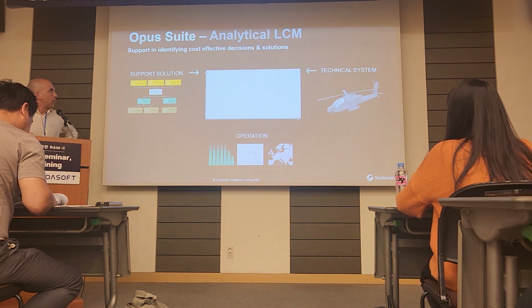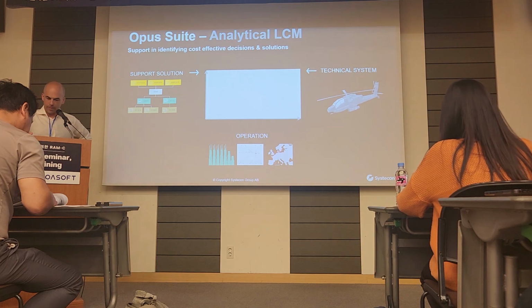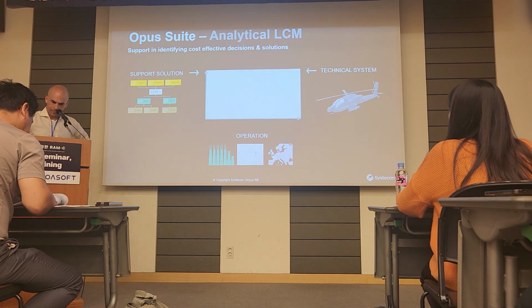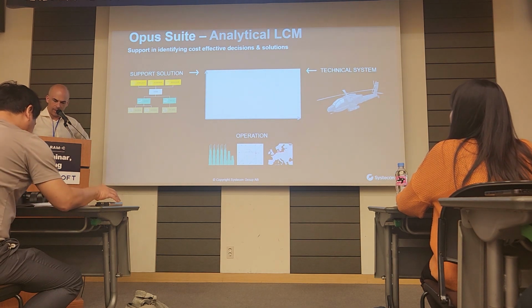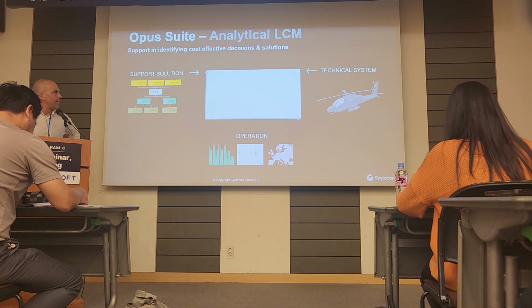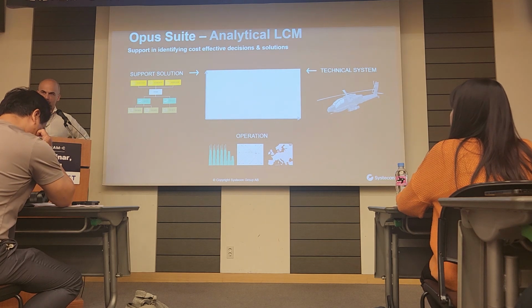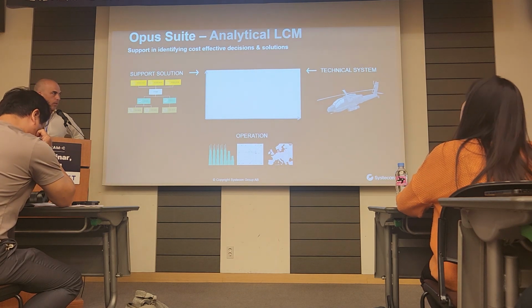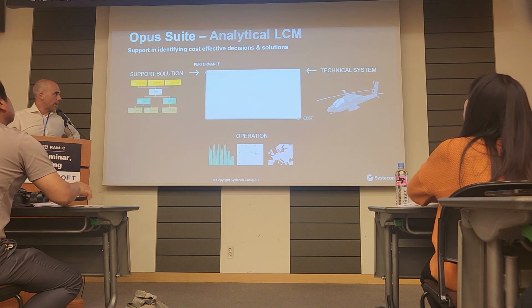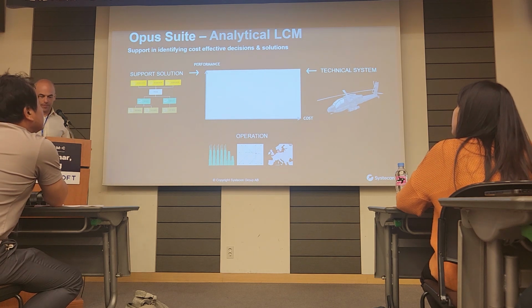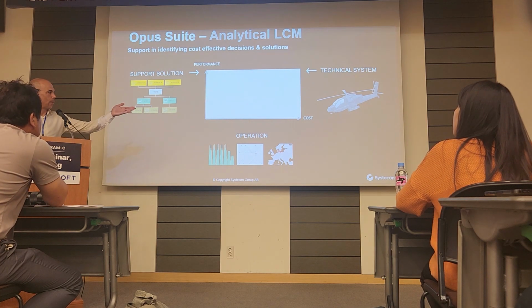So, OPUS Suite Analytical Lifecycle Management supports identifying cost-effective decisions and solutions. And we love to show this picture, and it could be symbolizing a bit what this is all about. So we have this diagram in the middle that has cost on the x-axis and performance on the y-axis.